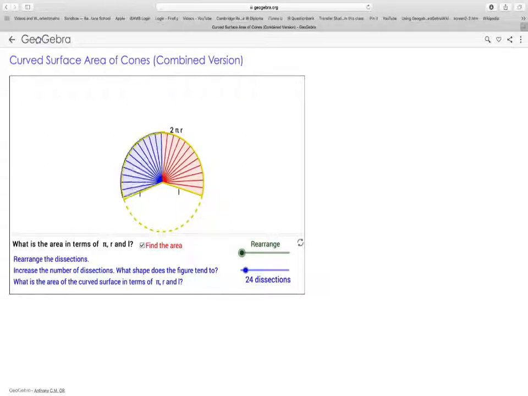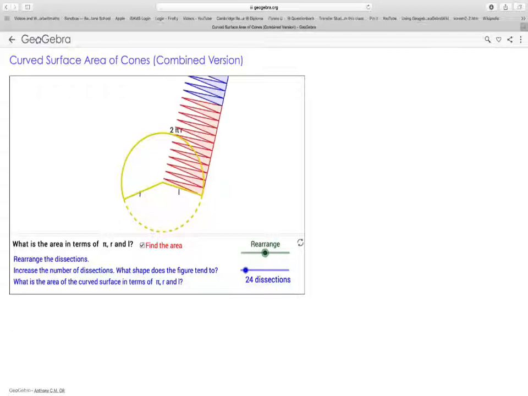If I rearrange those like that and put it on like that, we get a bit like a parallelogram.